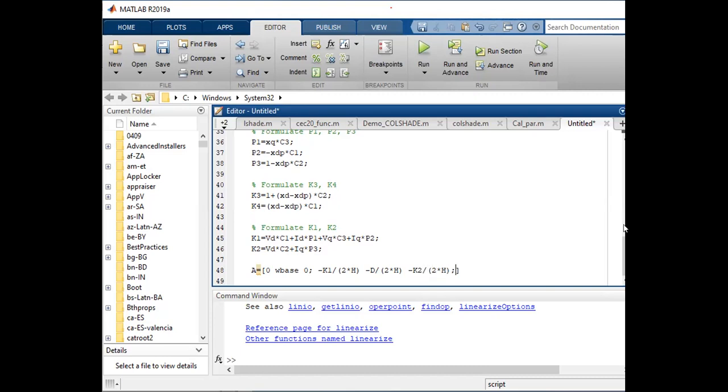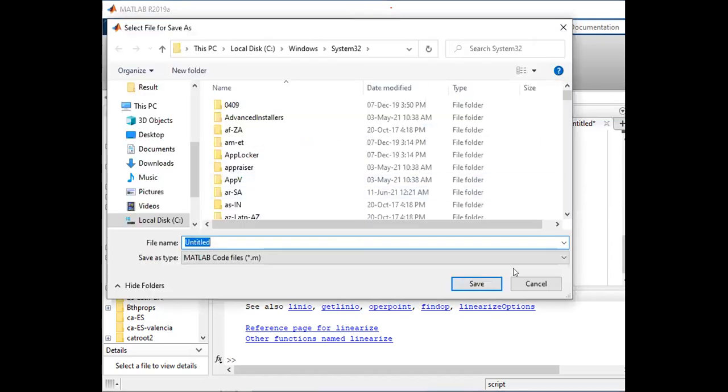And the last row is this one, and this should be K4, 0 and minus K3 over GD. So that is the 3 by 3 matrix, and then we should be able to calculate the eigenvalues.